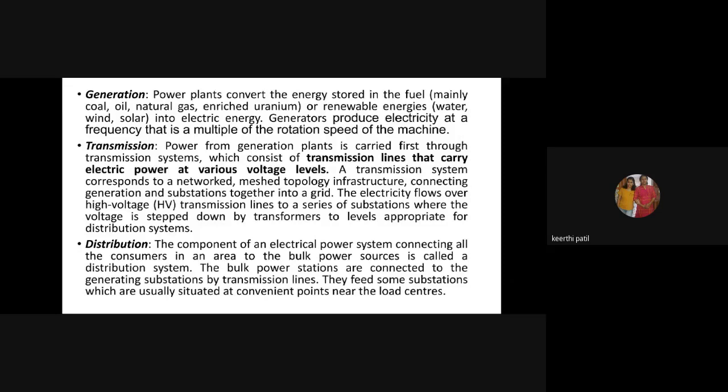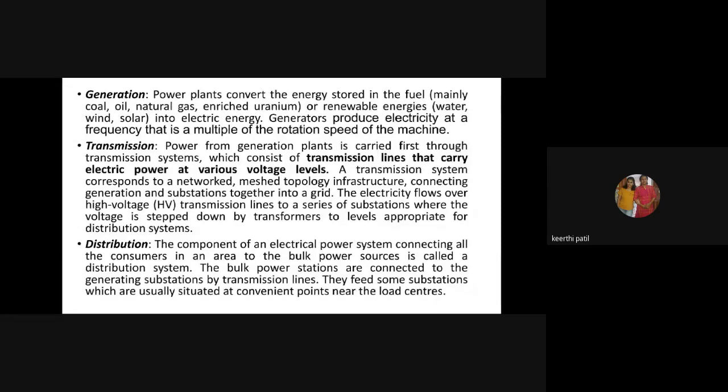The electricity flows over high voltage transmission lines to a series of substations where the voltage is stepped down by transformers to levels appropriate for the distribution system.